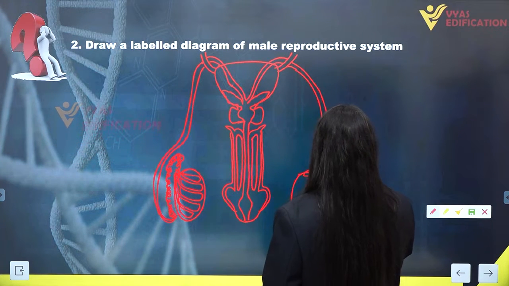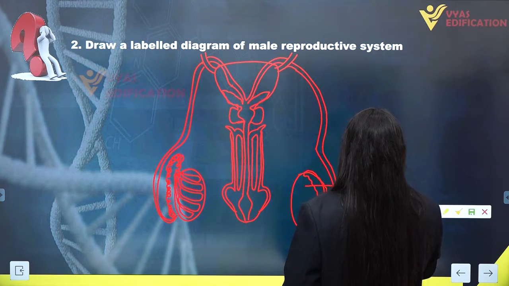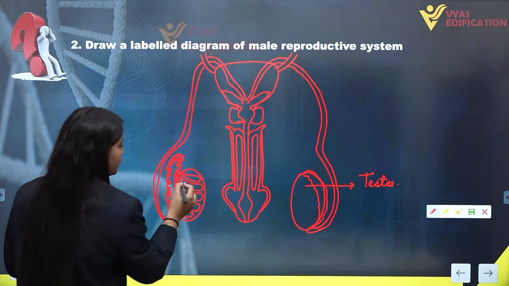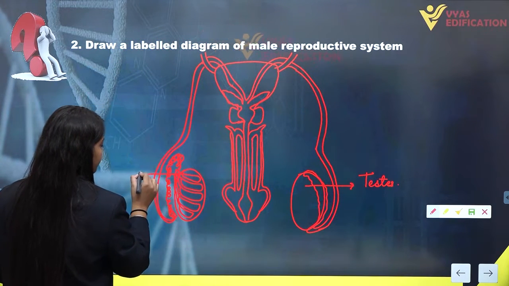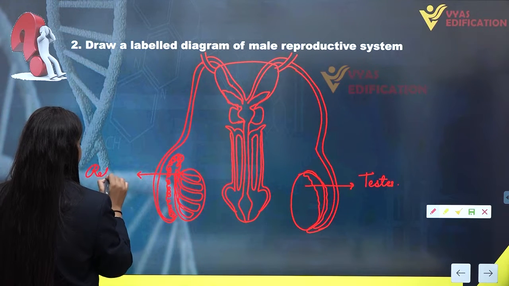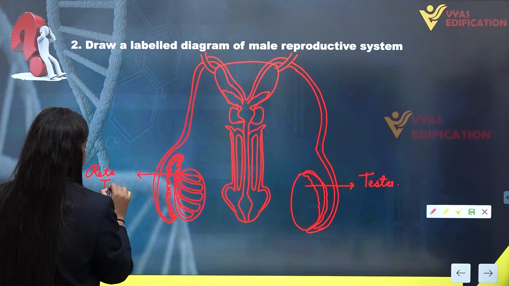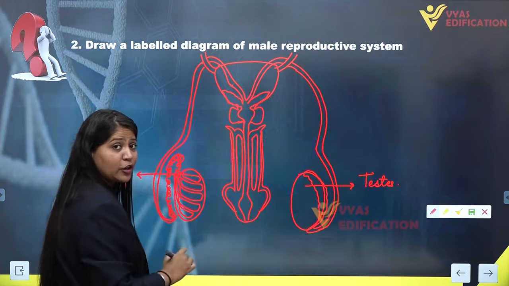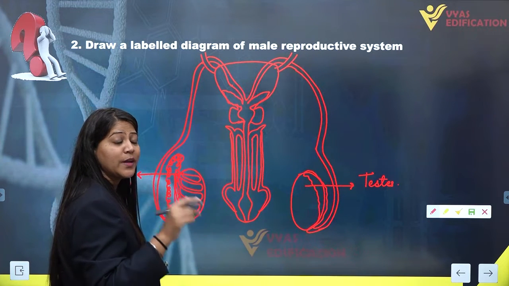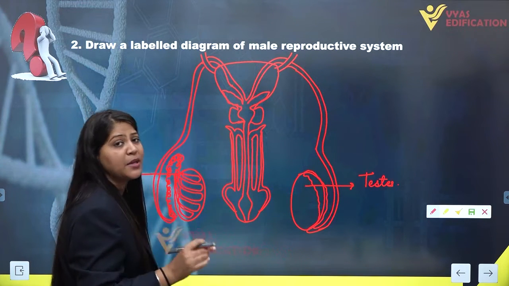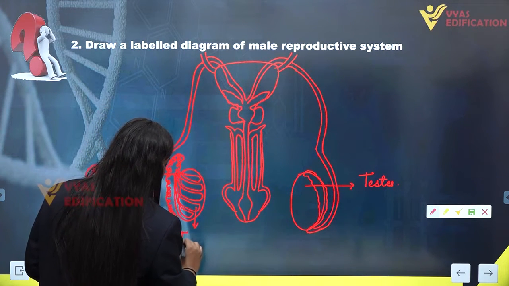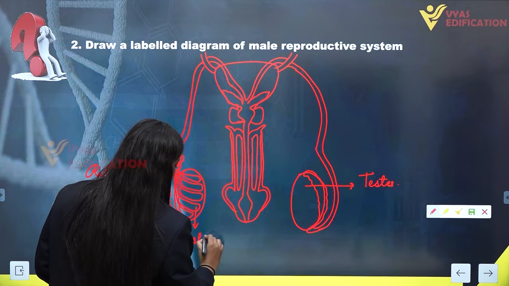Now we are going to label this. This is testis. Now this is rete testis. These are testicular lobules inside which there are 1, 2, 3 seminiferous tubules. So these are testicular lobules.